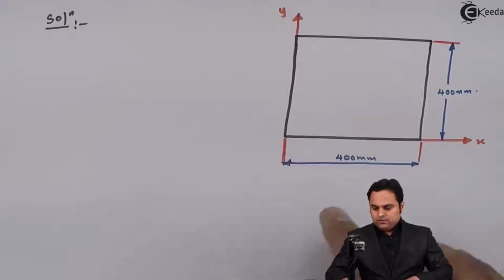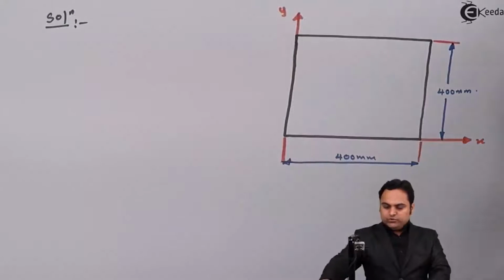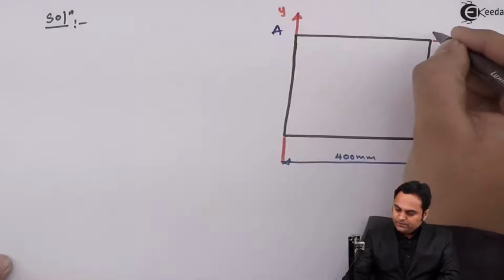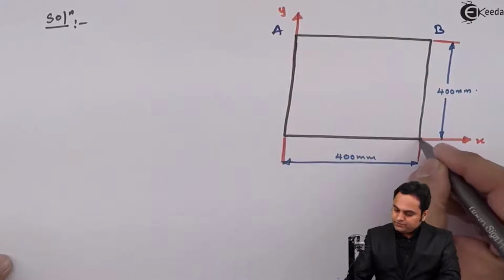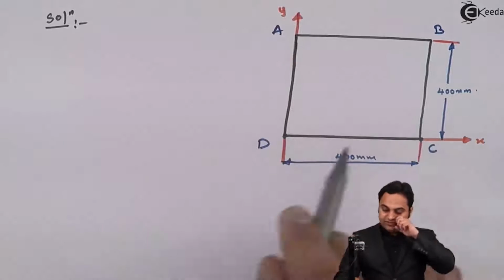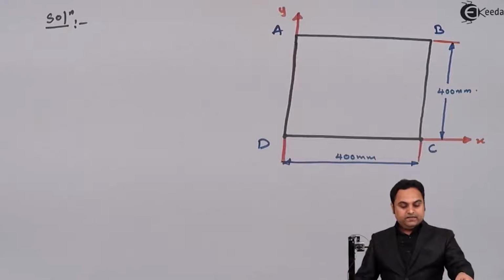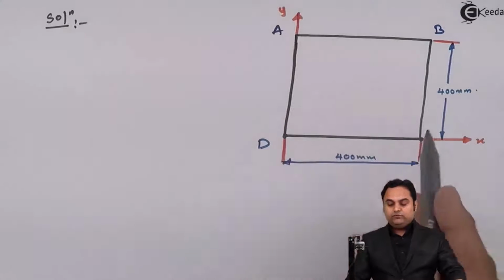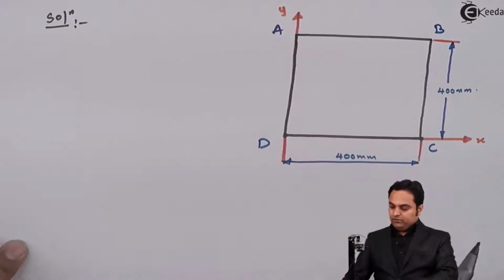Now, after we have drawn this square, I'll name all the four corners. A, B, this corner is C, and here we have D. So these are the four corners. And after drawing this square, here we have to calculate the stresses at all four corners.